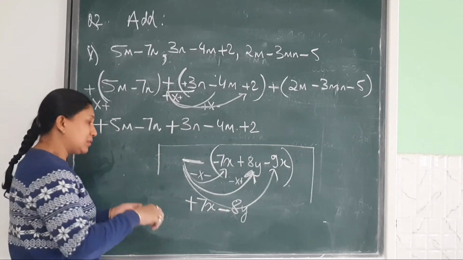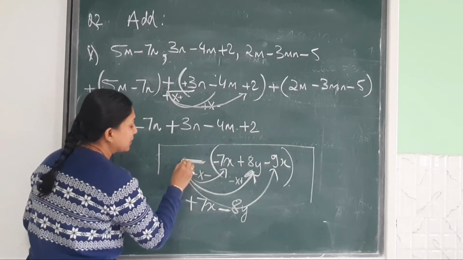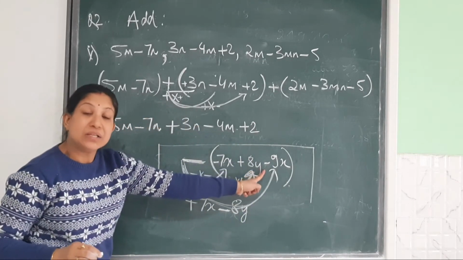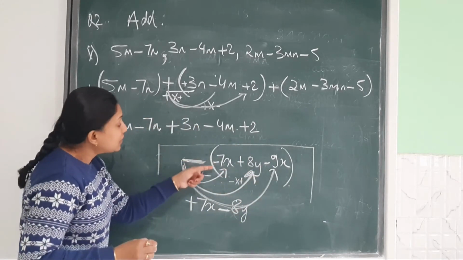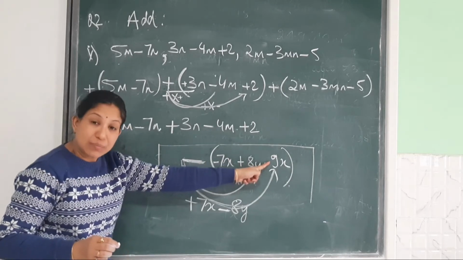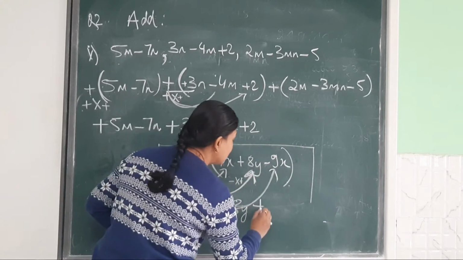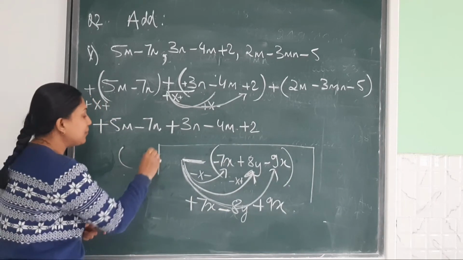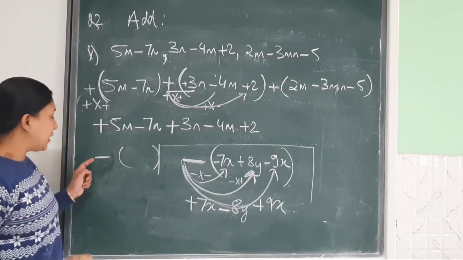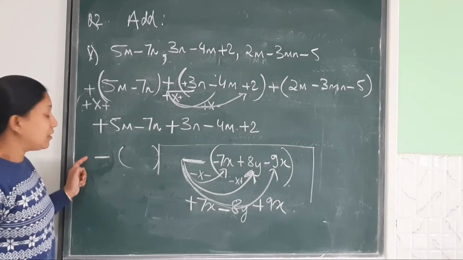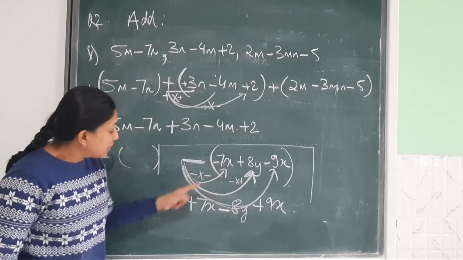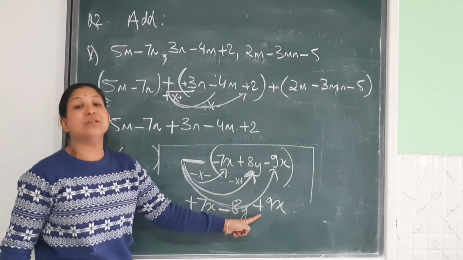Same way, the third time this minus will go and meet the last term, minus 9x. So minus into minus, multiplying the same sign will give you same sign. Have you understood? This is why I was telling, if outside the bracket you have a negative sign, the terms inside will be the same, but there will be a change in sign.